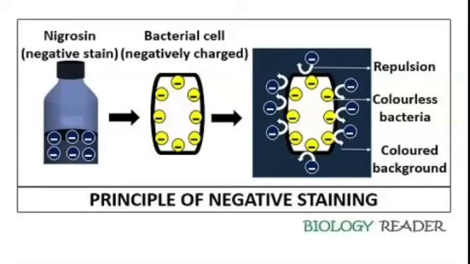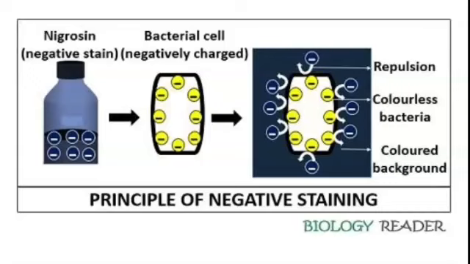The reverse happens in the simple staining. In simple staining, or positive staining, the positive stain is attracted by the bacterial cell, because the bacterial cell wall is negatively charged. So that stain will get absorbed in the bacteria, and so when we wash it, the background will go and the bacteria will take up the color and will be visible under the microscope.